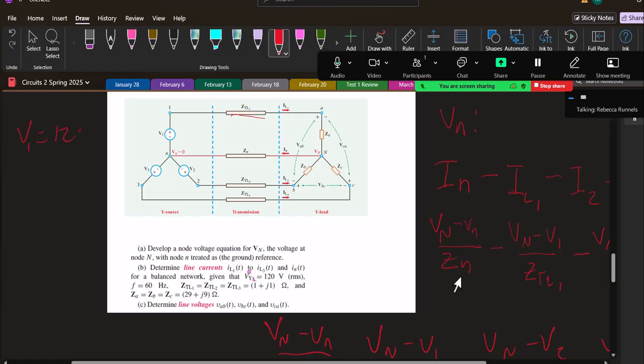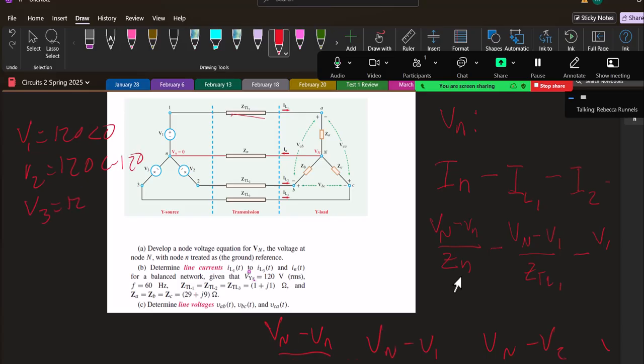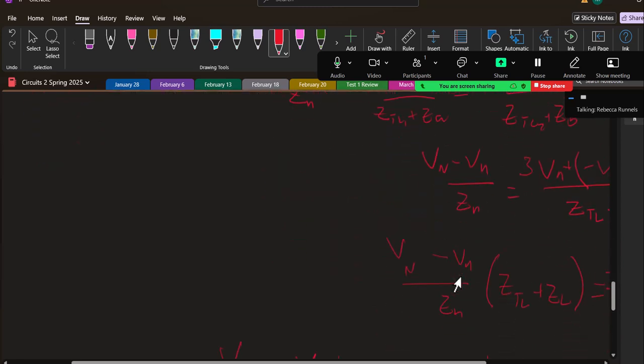V1 would be 120 angle 0, V2 would be 120 angle negative 120, and V3 would be 120 angle positive 120. Our transmission line was 1 plus J1, and our impedance was 29 plus J9.